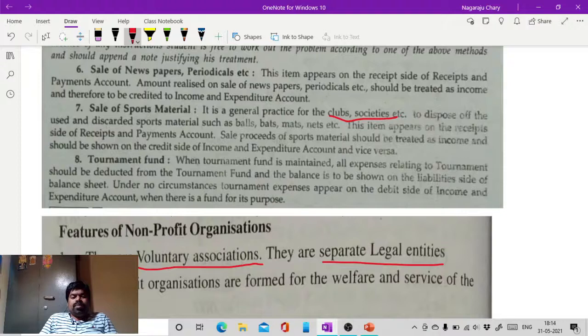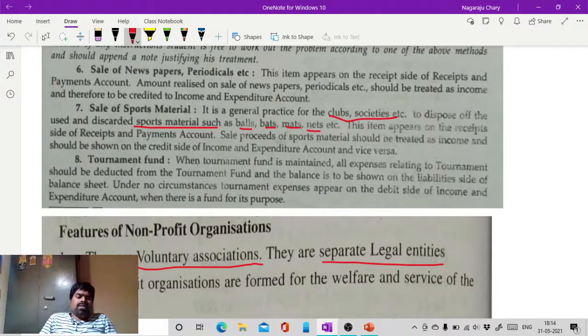So that is to be disposed of at once. Let us take examples of sports material like balls, bats, mats, nets, etc. That is to be disposed of maybe after a year, maybe 5 years, maybe 6 months, according to the usage of the members and the purchase of the material. Sale proceeds are to be treated as income. That income is to be recorded on income and expenditure account.